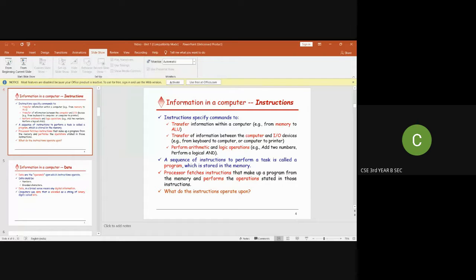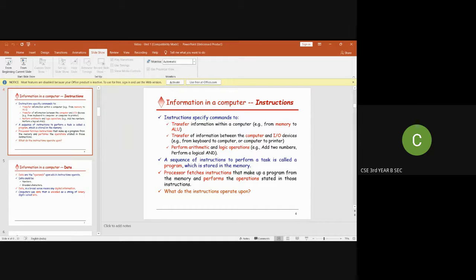So the instruction specifies three different commands: first, transfer of information within a computer; second, transfer of information between the computer and the input output device; and third, perform arithmetic and logical operations. All these things can be performed based on the instructions.